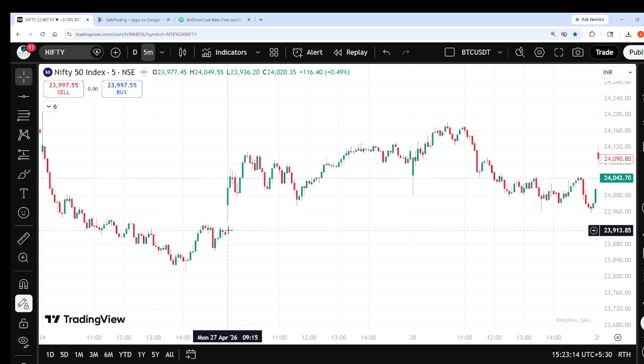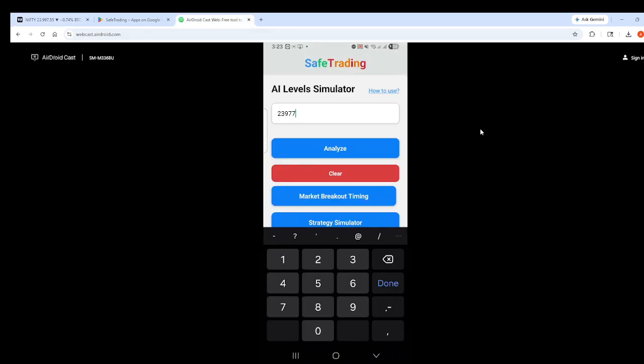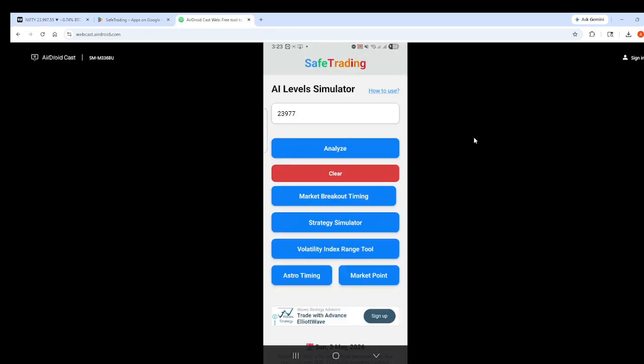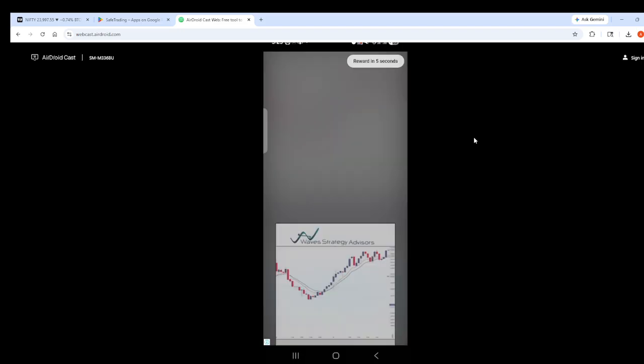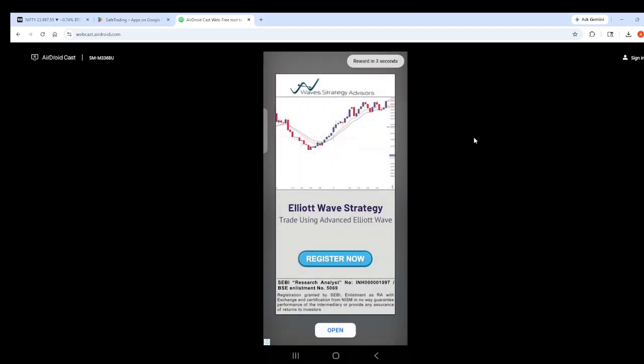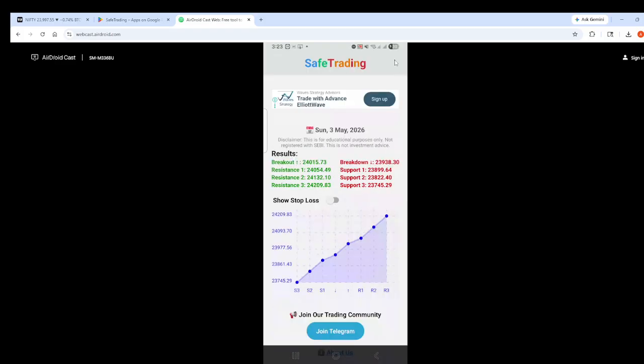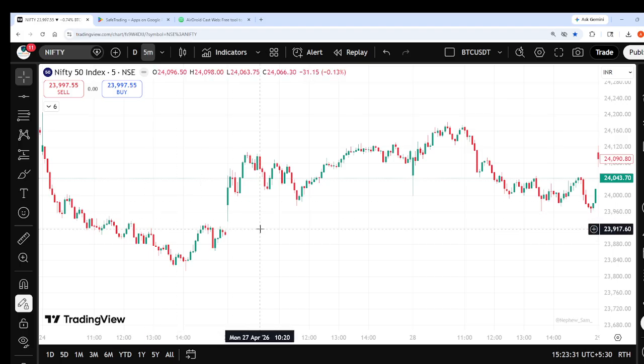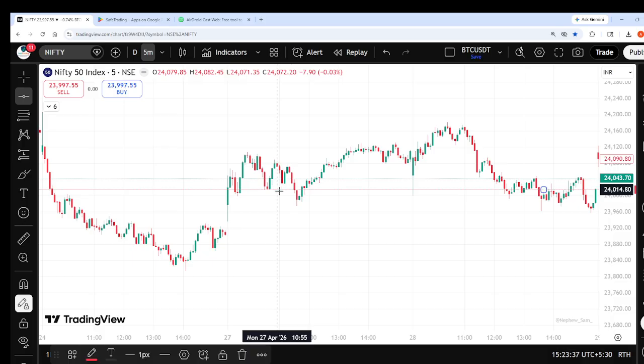I have simply given that 23,977 and I will do the analysis. So the breakout was about 24,015 here, and the breakdown was below 23,938.